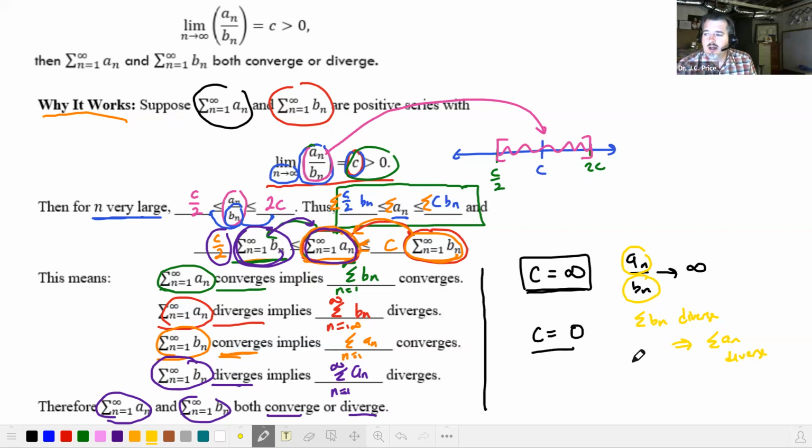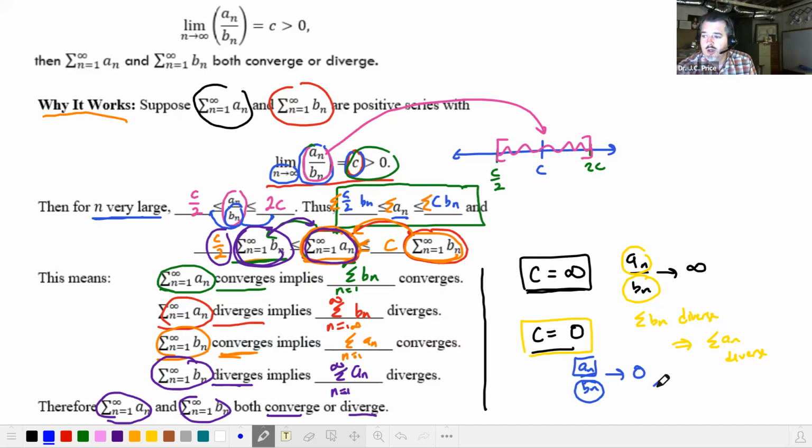And then for c equal to 0, what does that mean? That means your a sub n over b sub n's are going to go to 0. That means the b sub n's are actually a lot bigger than the a sub n's on top because it's going off to 0.